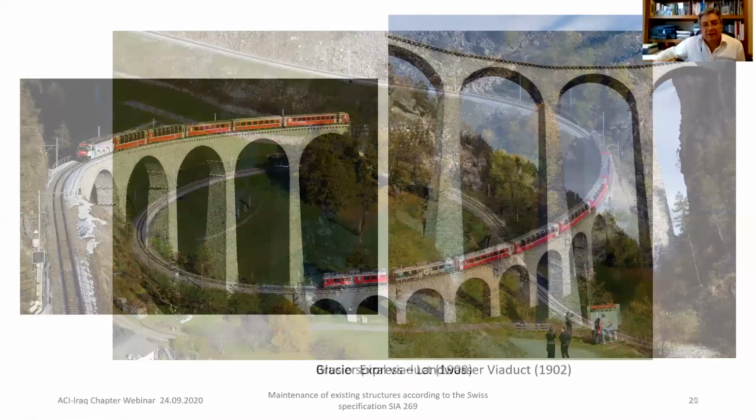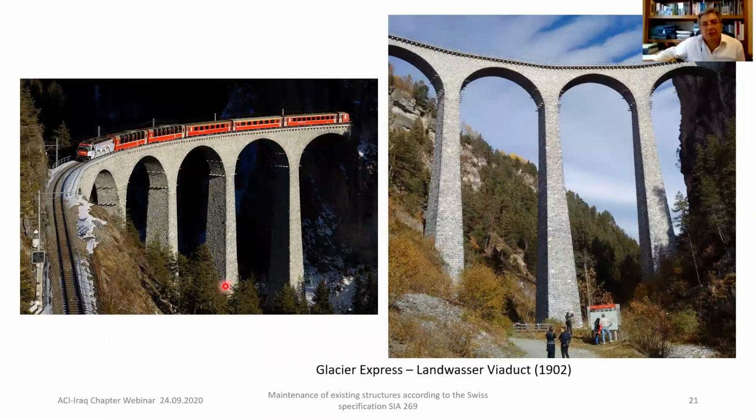And another example, which is also one of the monuments, that UNESCO named a historic monument, is the Glacier Express. It had big maintenance works in, I think, 2014, 2015, because our visit was in 2016.